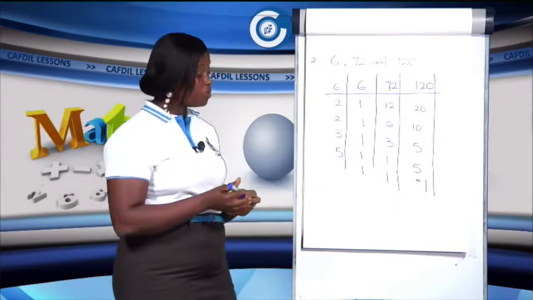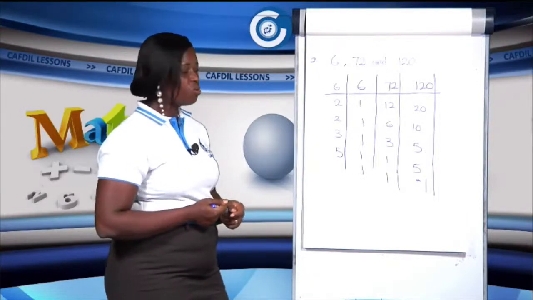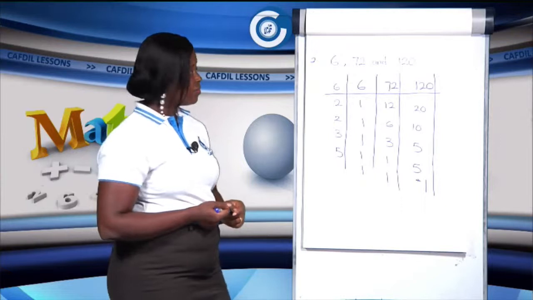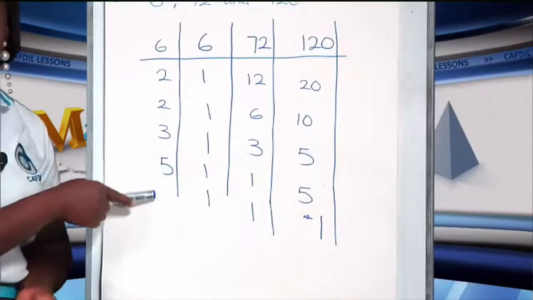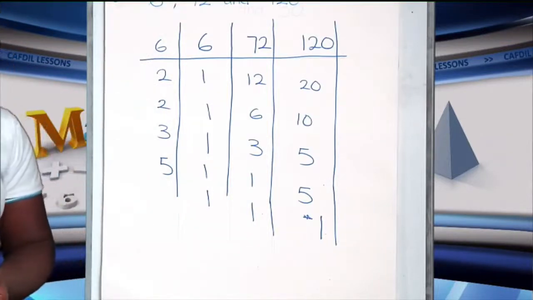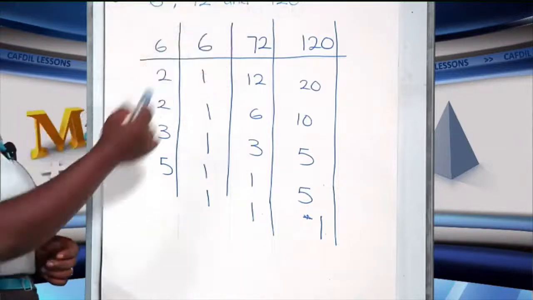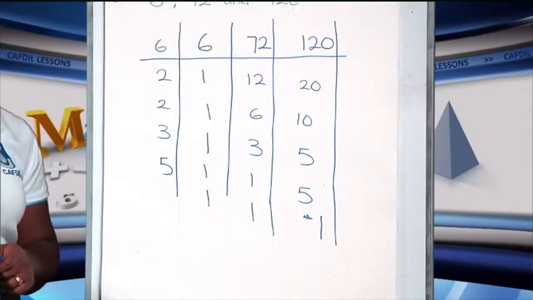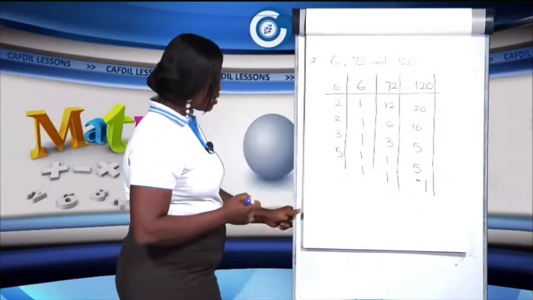Now what is the LCM of 6, 72, and 120? We have to multiply all these divisors, and the product becomes the LCM of 6, 72, and 120. Learners, let's multiply together.